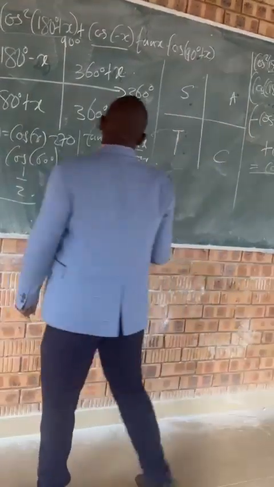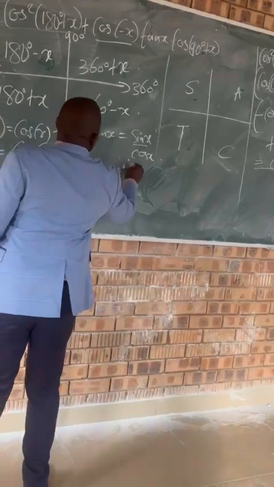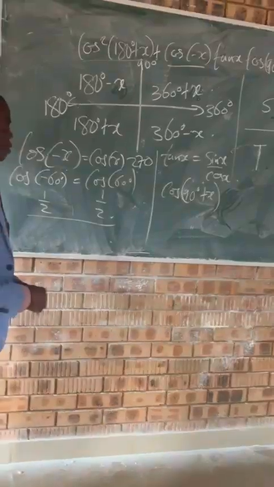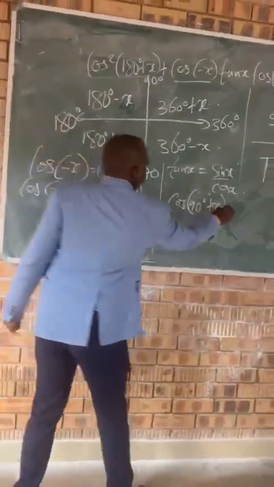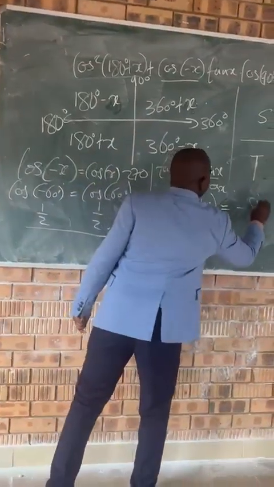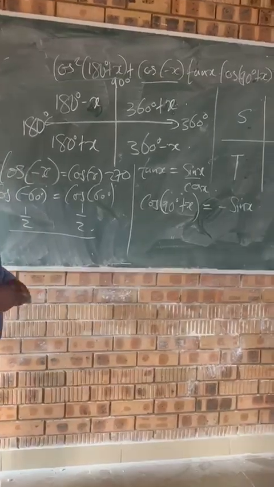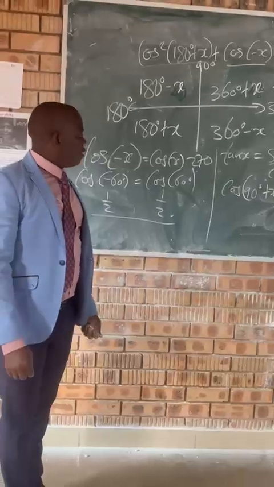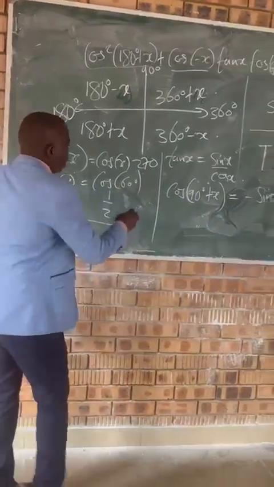Moving on to the last one, cos(90 degrees plus x). The answer is just negative sine x. We don't want to memorize, we just have to derive it.